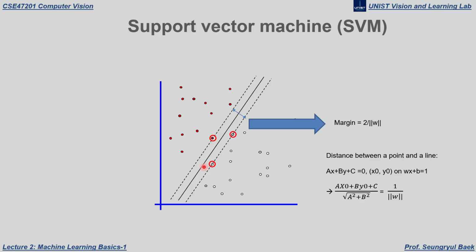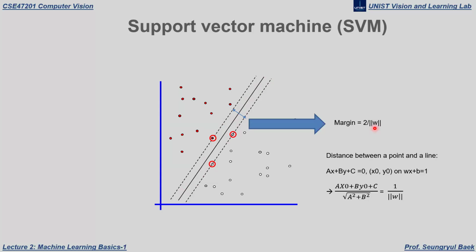Are you guys following this? Because of that, the margin becomes twice that distance, okay? If you do the same for the point lying on the other line and the boundary straight line, that is also 1 over the norm of W, right? So the margin is defined as 2 over the norm of W, right? Are you all following this?